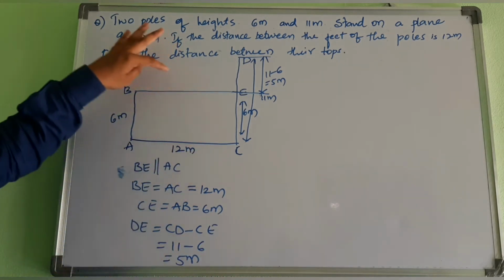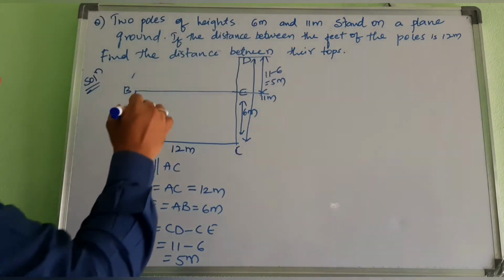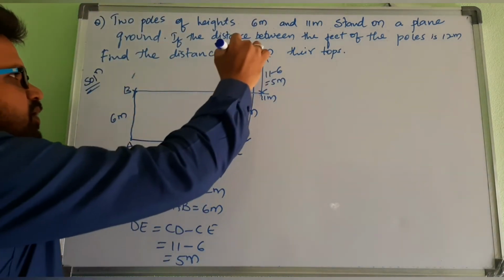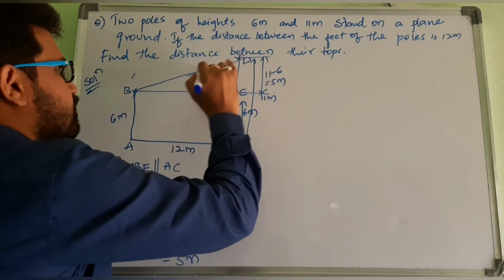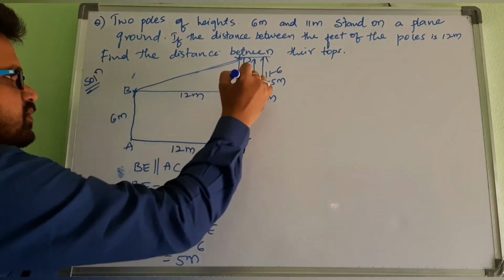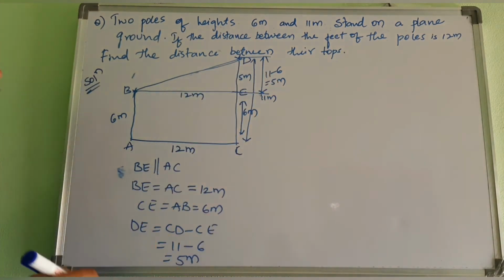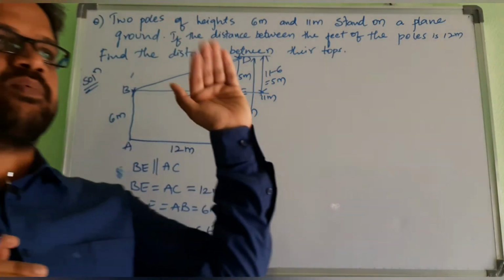Okay, so now we have to find the distance between their tops. Where are the tops? This is the top and this is the top of the other pole. Join them. This is 12 meters and this is 5 meters and this is 90 degrees. Why? Because always poles are perpendicular to the ground.